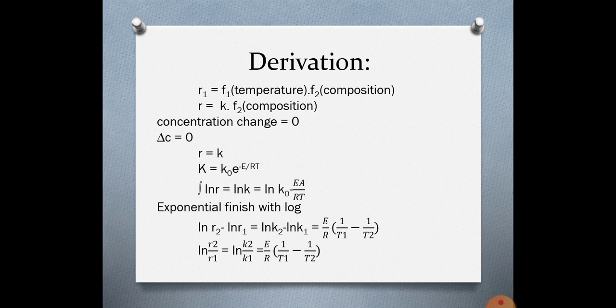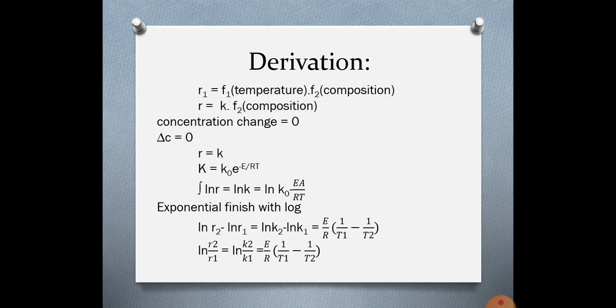Then the rate of reaction is equal to k, and k equals k naught e to the power minus E by RT. This is the Arrhenius equation.